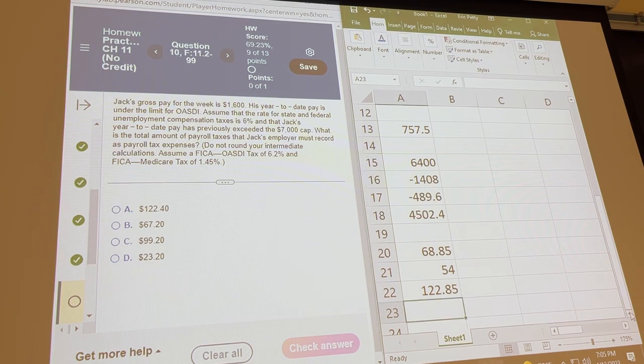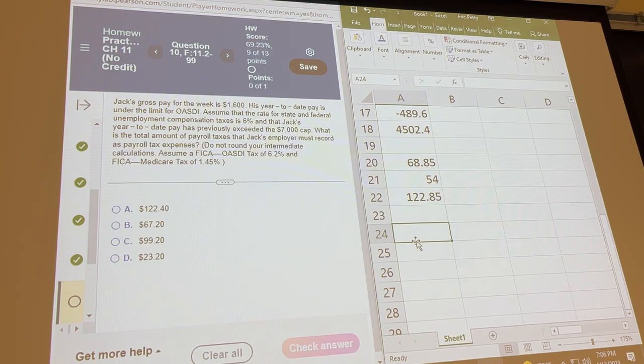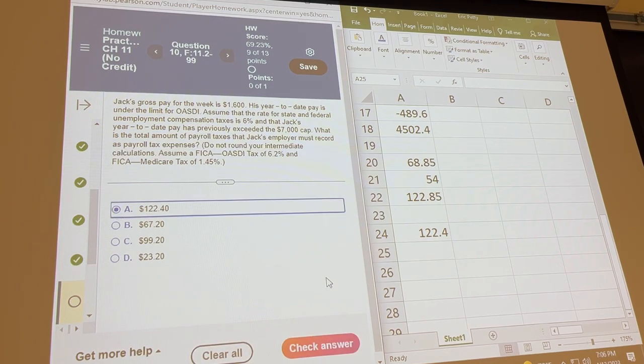The important thing to note is that he's already passed the $7,000 cap, so there is no FUTA or SUTA. The only thing to figure out is the FICA tax. So 1,600 times 7.65% would be $122.40.